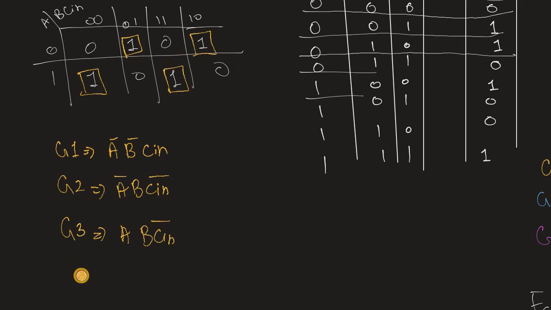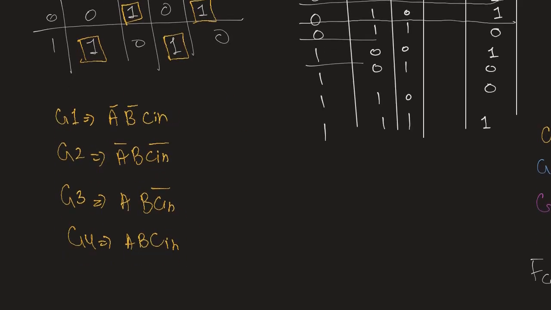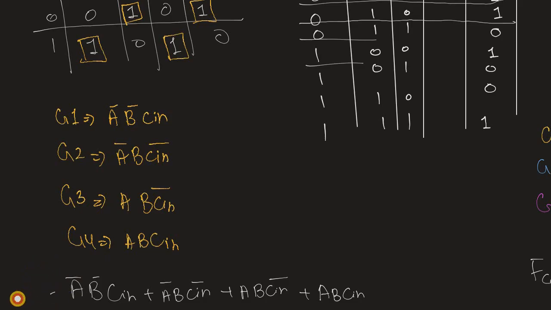Then we have 1 1 1 for the fourth group, so that's simply a, b, and c in. Here you can see you cannot factor them, so these are good, and you can simply combine them as a sum of products: a naught b naught c in, plus a naught b c in naught, plus a b naught c in naught, plus a b c in. This is going to be your answer for the sum.